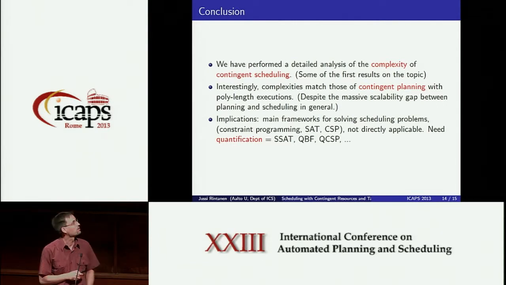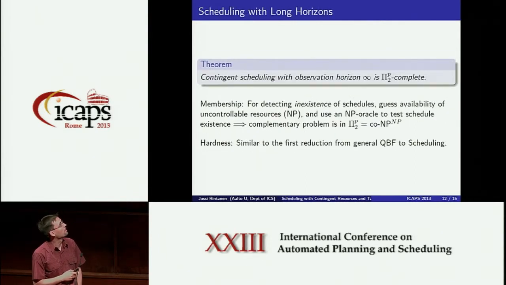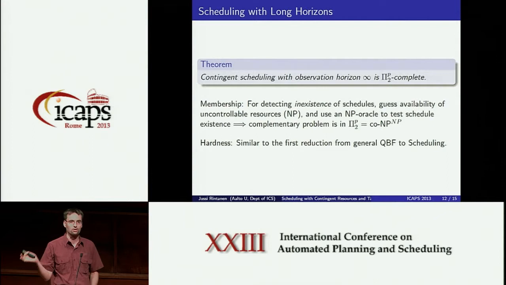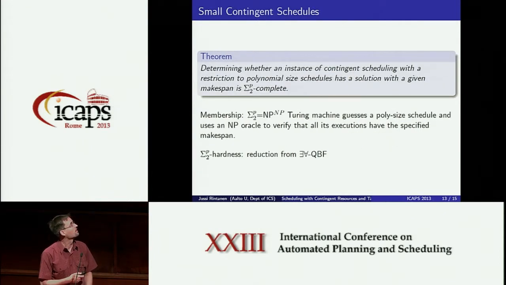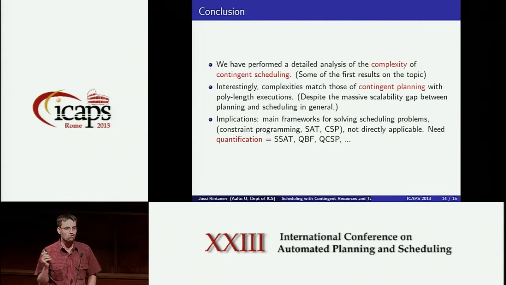And with the same restriction we had here, full observability with arbitrarily big plans, or small plans and arbitrary partial observability, we get similar Pi-2-P and Sigma-2-P complete planning problems. So actually in all of these cases the complexity in scheduling and contingent planning is exactly the same.